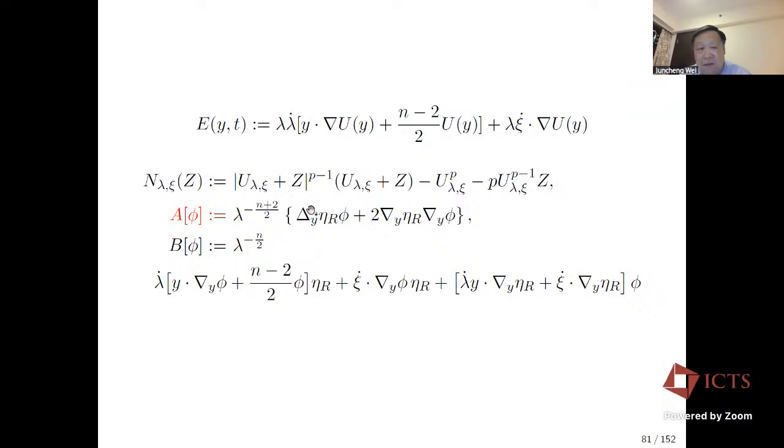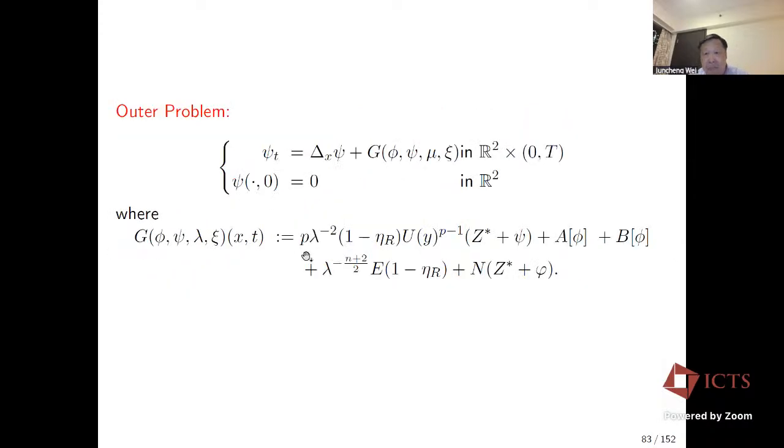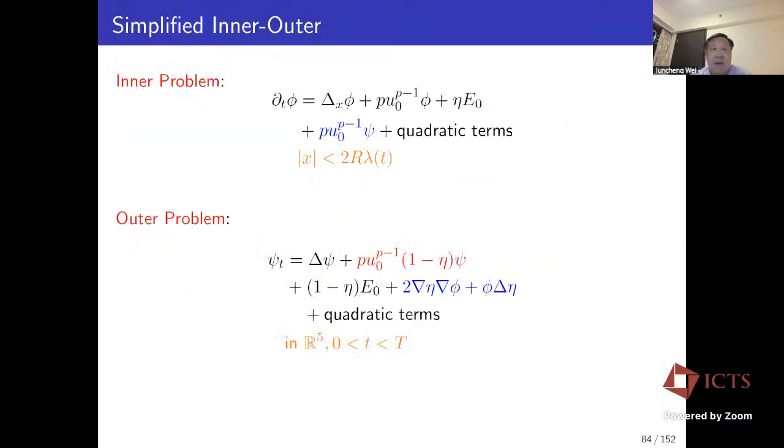A contains the cutoff function, and B contains lots of derivatives. Okay, derivatives come from the self-similar variable. So this is the inner to outer problem.